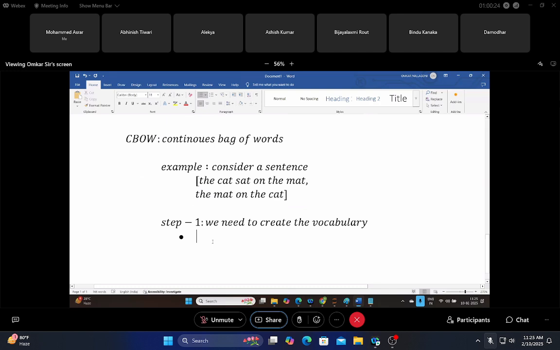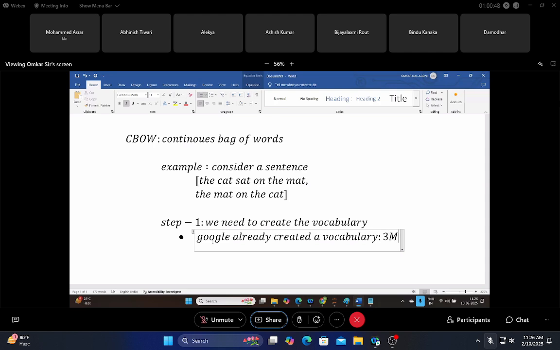How much is that? 3 million words. But if you want to use your own data, first we need to create our vocabulary. How many words are there in our data?